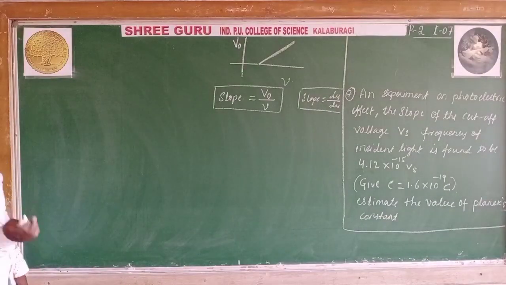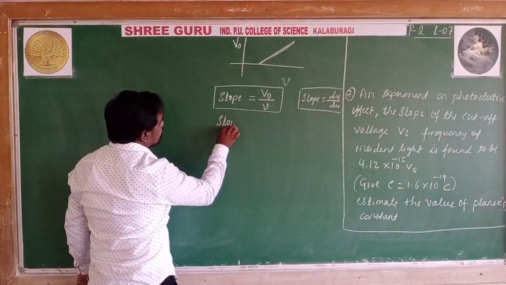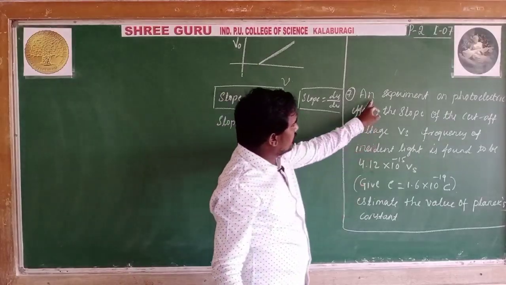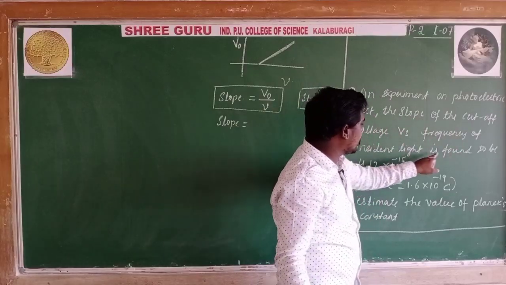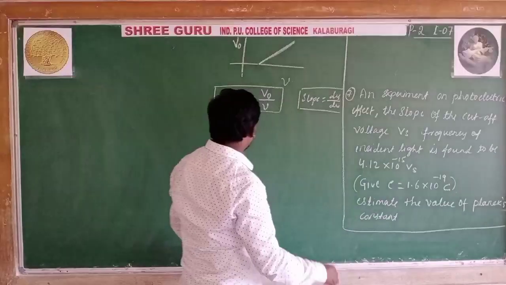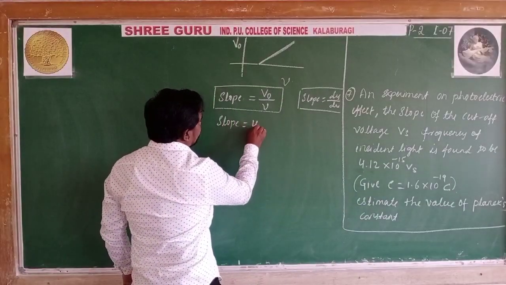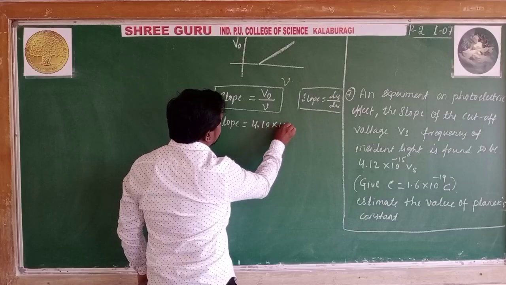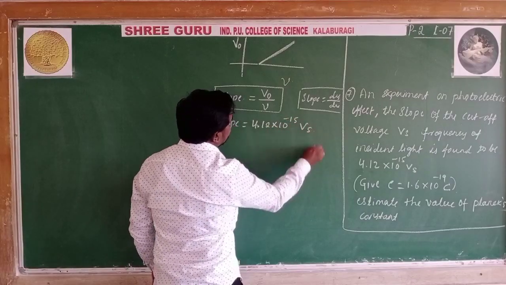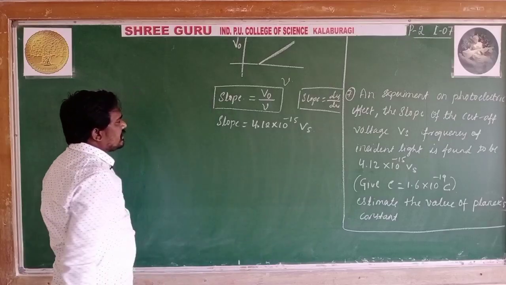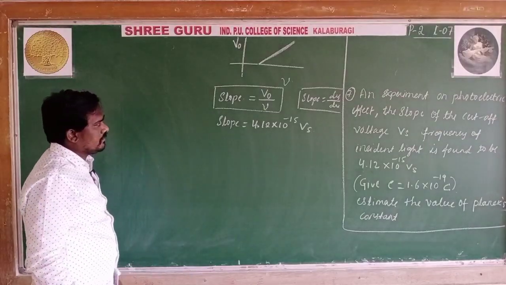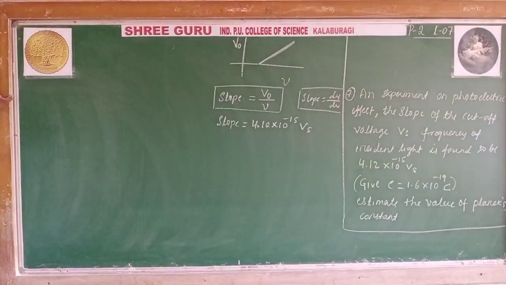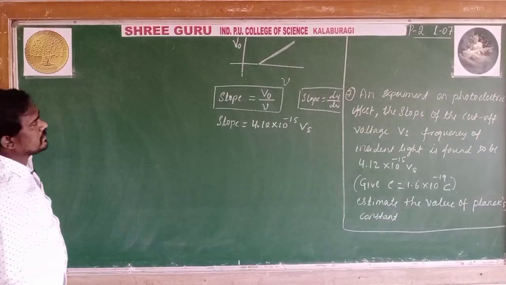Okay, what is the value for the slope? Already they mentioned the slope of the cutoff voltage versus frequency of incident light is found to be 4.12 into 10 raised to minus 15 Vs. And the charge value they mentioned. Estimate the value of Planck's constant h. Okay, what is the relation between stopping potential and frequency?